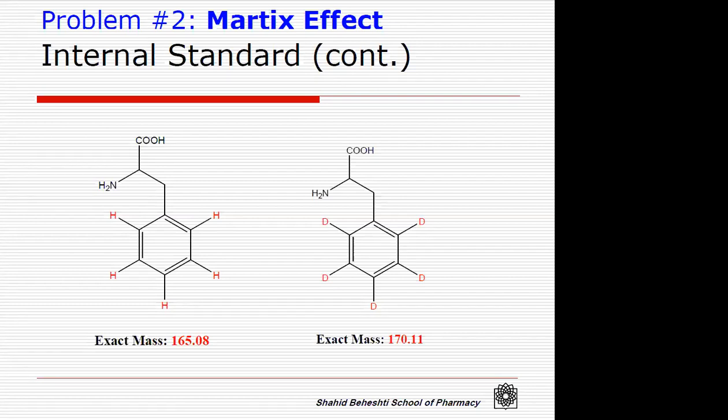It's 170, because having 5 deuterium instead of 5 hydrogen will add 5 atomic mass units to the molecular weight of phenylalanine. Could we have the next slide?